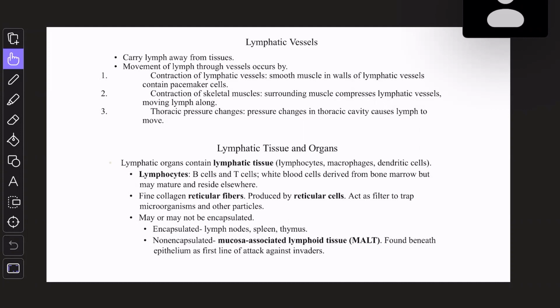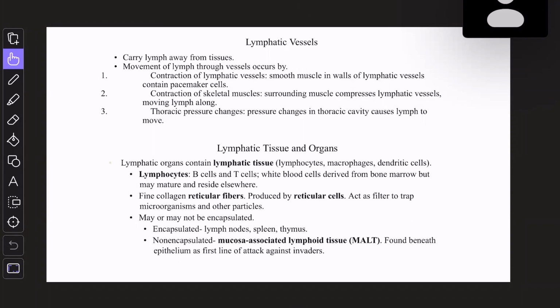There are collagen and reticular cells and other things that act as sort of a trap, right? So when you have bacteria and microorganisms, those sorts of things, they get caught by the tissues in your lymphatic system. And then you have the nodes that are encapsulated tissues.